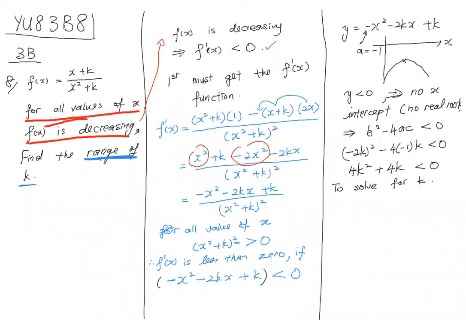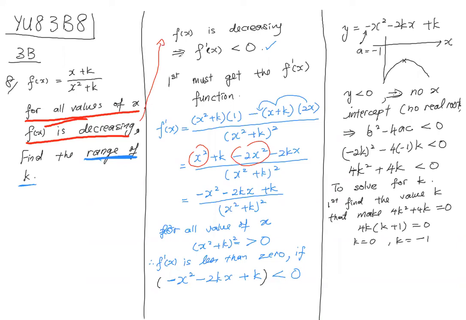First we find the values of k that make 4k squared plus 4k equal to 0, correct? So I have 4k times k plus 1 equal to 0. So I have two values of k: k equal to 0 or k equal to negative 1.